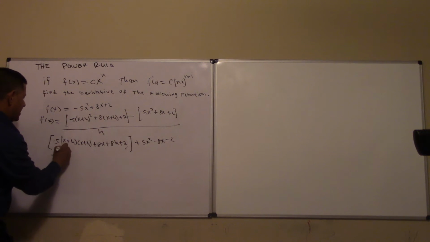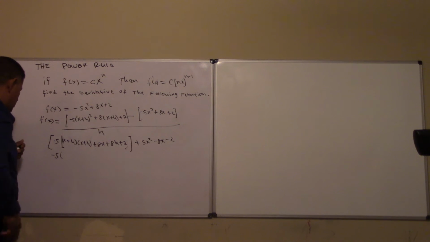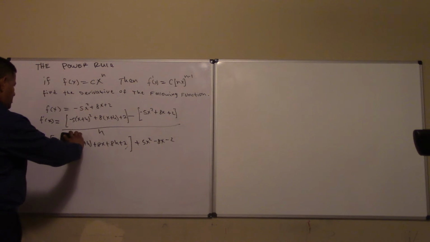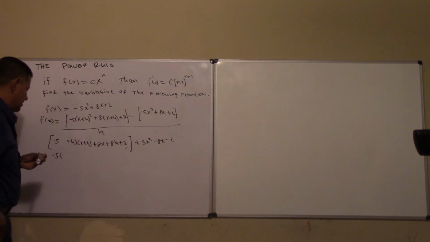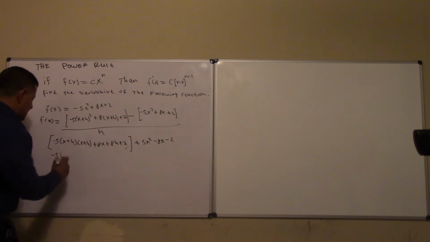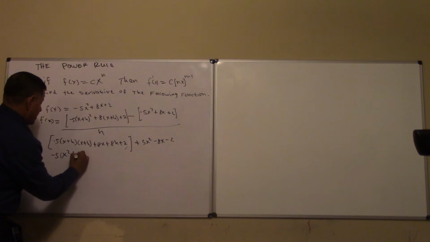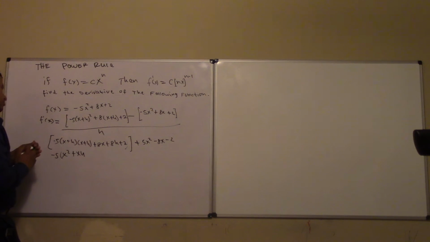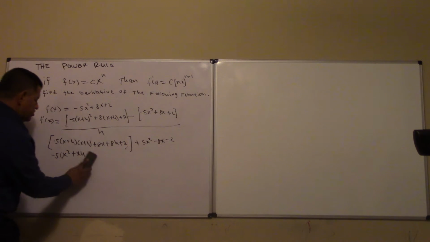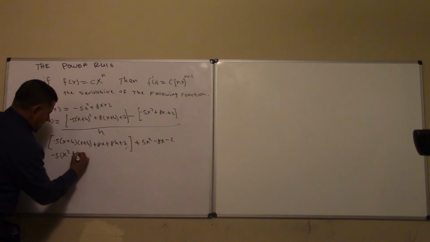Let me just put a set of brackets here, and then a set of parentheses. Actually no, let me just do it the way that I had it. Right? So x. Now if I multiply that, x times x is x squared, this times this is plus x times h, or you can say hx.